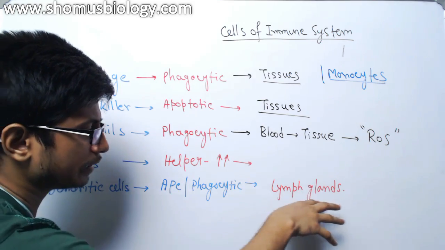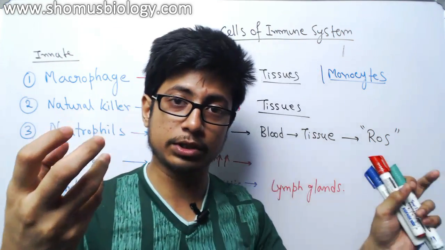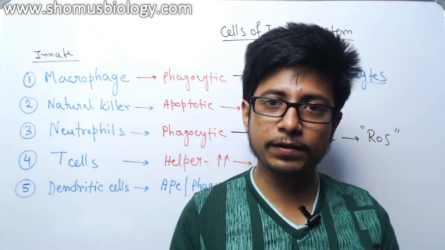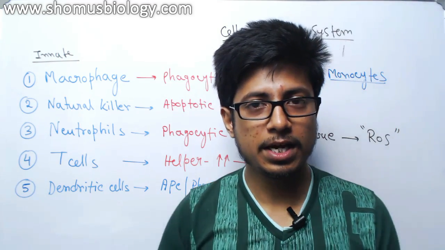From there they can move to the different lymph glands, and they can showcase all those things, and actually they help in the training of T cells, and in the development of B cells a little bit. That's the job of dendritic cells out there.